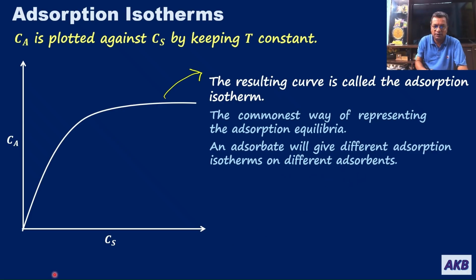For example, if you are talking about adsorption of A, and this is the curve obtained on adsorbent number 1, then on some other adsorbent, let us say adsorbent number 2, you will get a different adsorption isotherm.